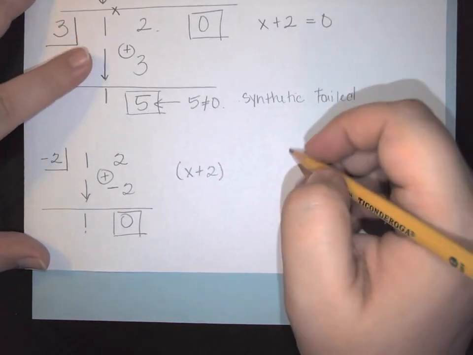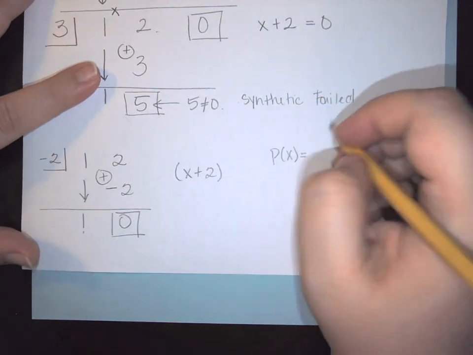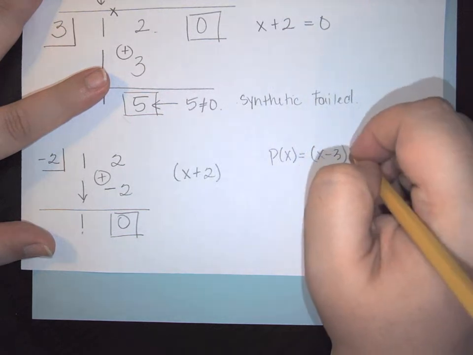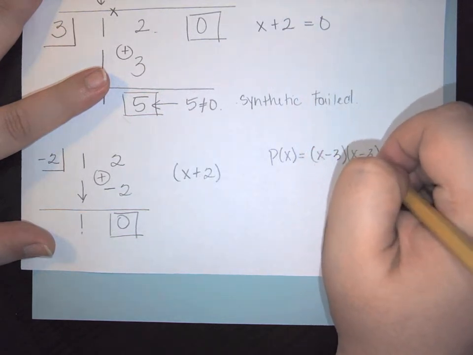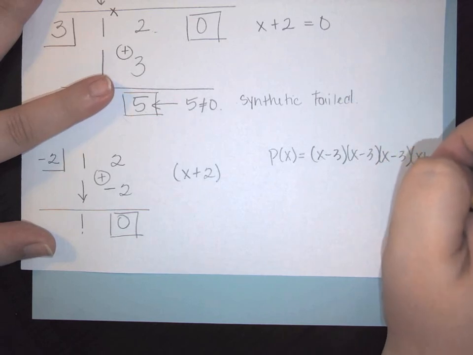So here, in terms of my factors, you would have that your equation is going to be x minus 3, x minus 3, x minus 3, x plus 2.